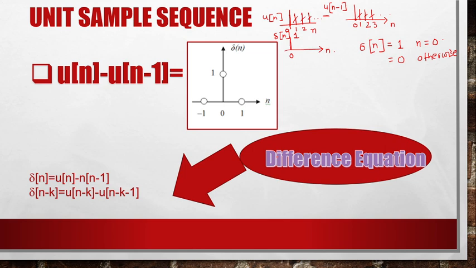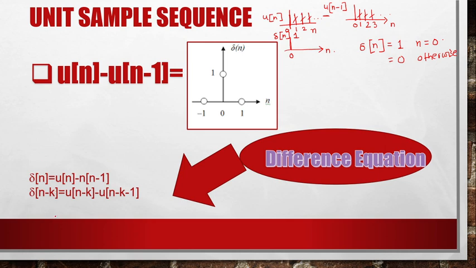When we express such a signal, we call it a differential equation. But in the discrete domain we cannot express it in the form of a differential; rather we express it in the form of a difference, as it is not continuous. So this delta has this property with u[n-1], and will be expressed as a difference equation.